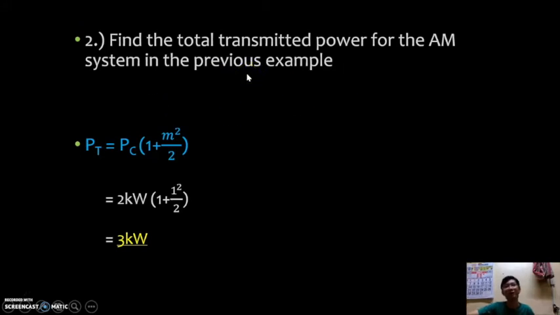Now we shall get the total transmitted power. The formula is P sub T is equal to P sub C times 1 plus M squared over 2. P sub C is still 2 kilowatts and M is still 1. So the answer is 3 kilowatts.